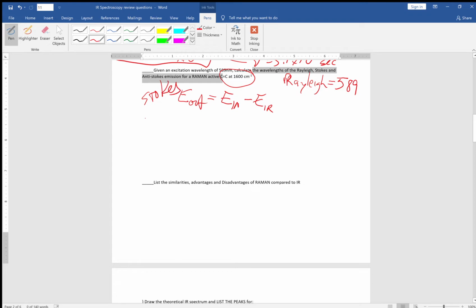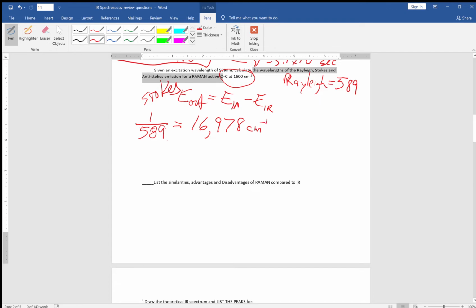If we take 1 over the wavelength, we get an energy equivalence of 16,978 in reciprocal centimeters.